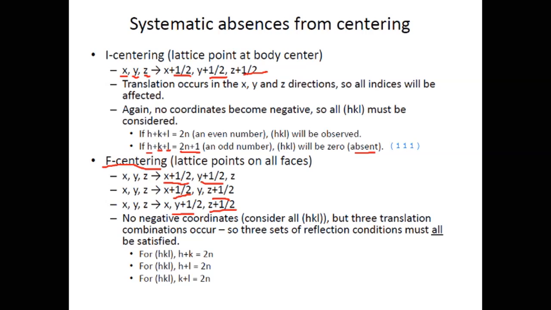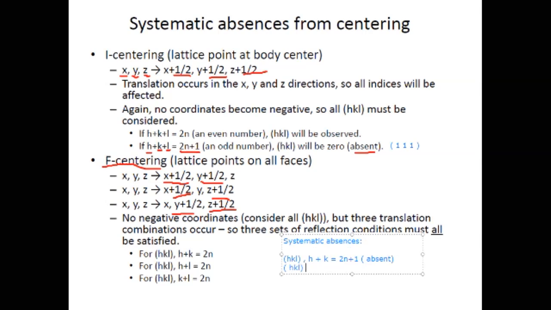So if we wrote this for the systematic absences, we would do the HKL, where H plus K equals 2N plus 1 are absent.